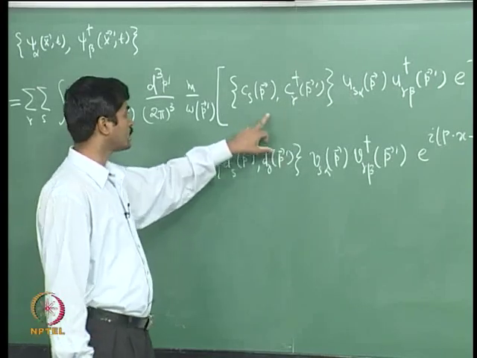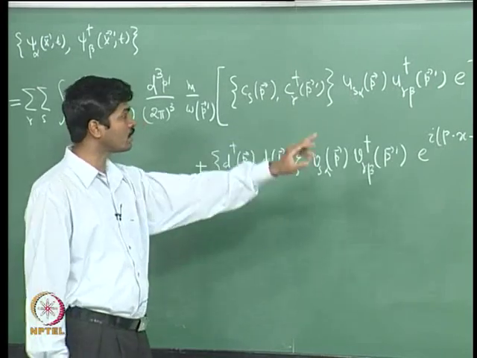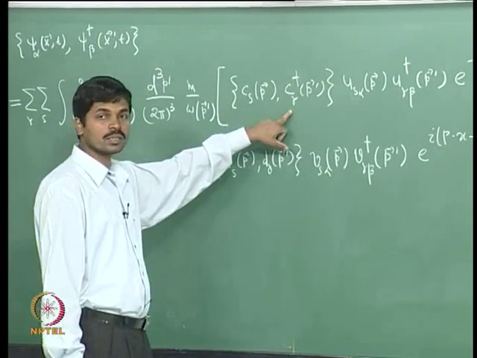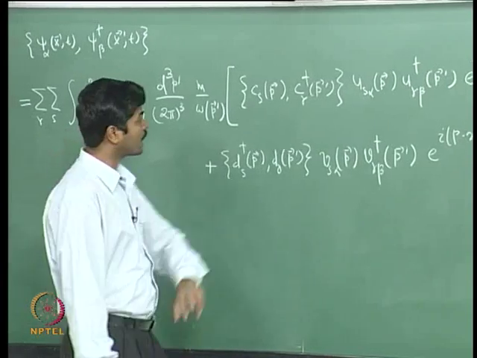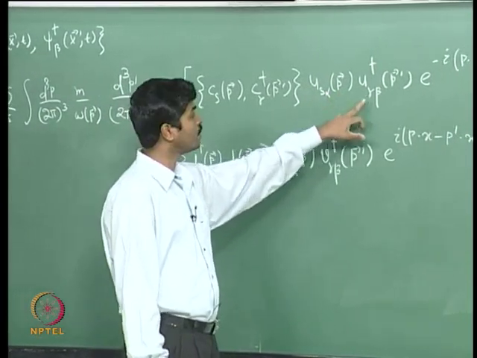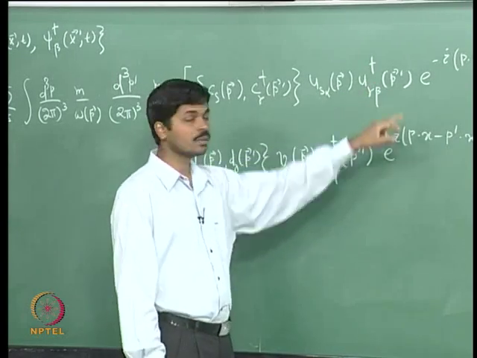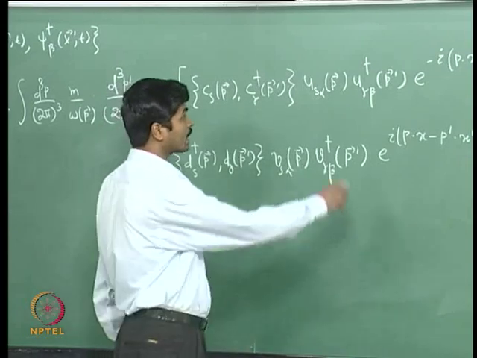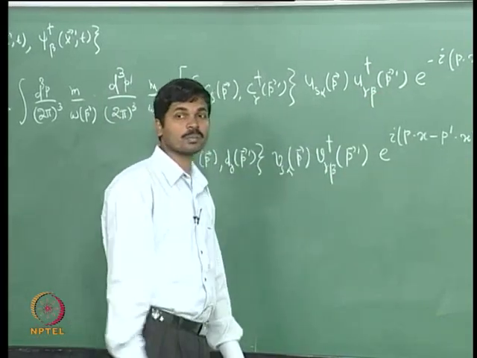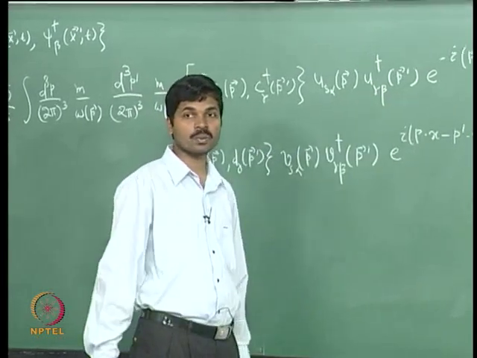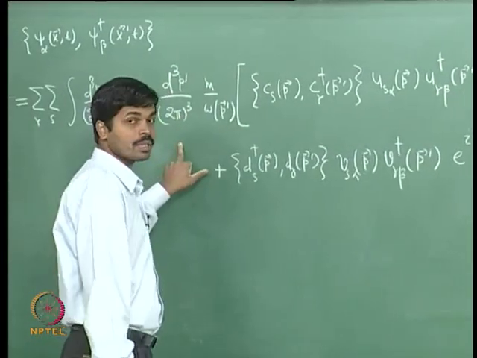Because of the Kronecker delta R s, the sum over R we can just carry out, and then it will be a sum over u s alpha p u s beta dagger p prime, but there is a Dirac delta of p minus p prime, which will make both p and p prime equal if you carry out the p prime integration.